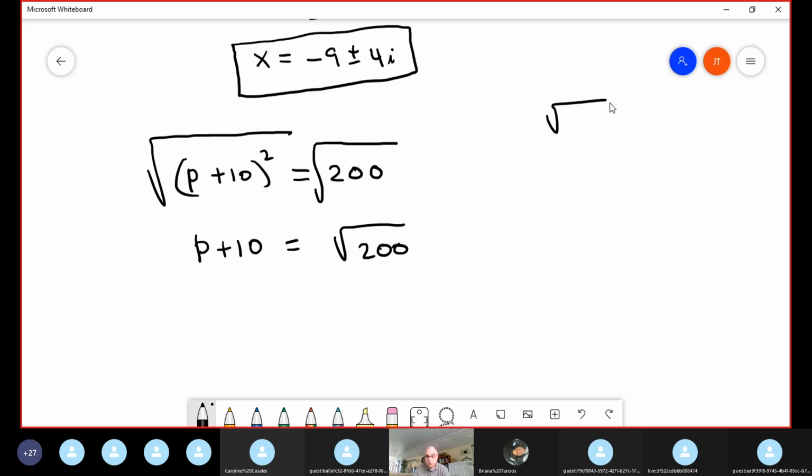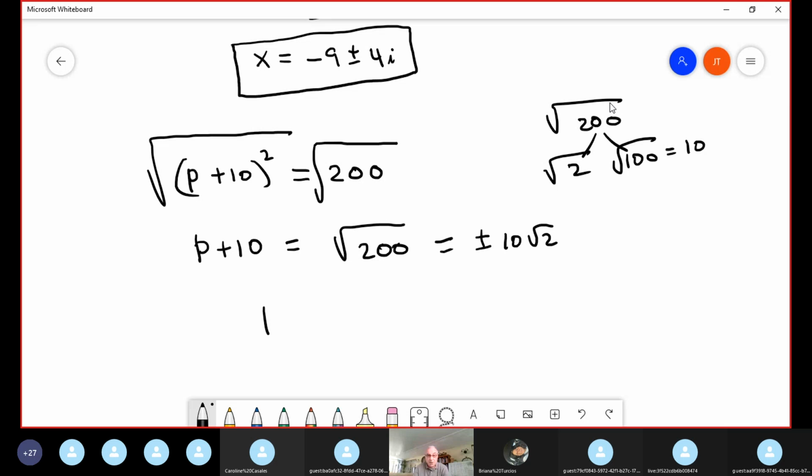But square root of 200, I know it's not a perfect square, but you can break 200 down into 2 and 100. The square root of 2 is prime, it stays the same, but the square root of 100 is 10. So this answer is plus and minus, always plus and minus, 10 radical 2. It's not complex, not imaginary, it's real, but it's irrational.